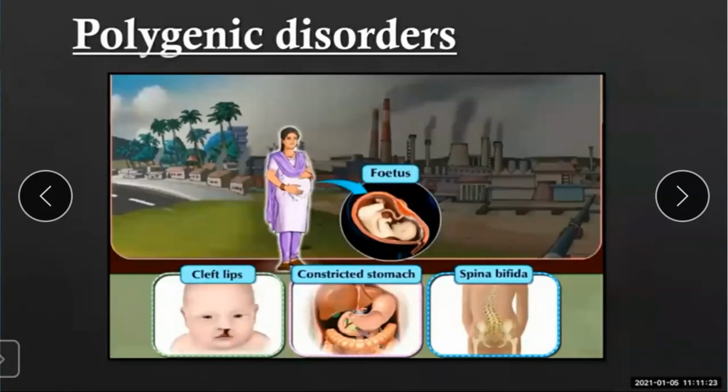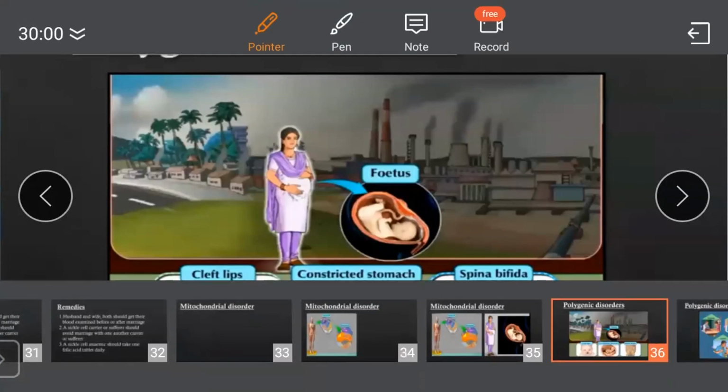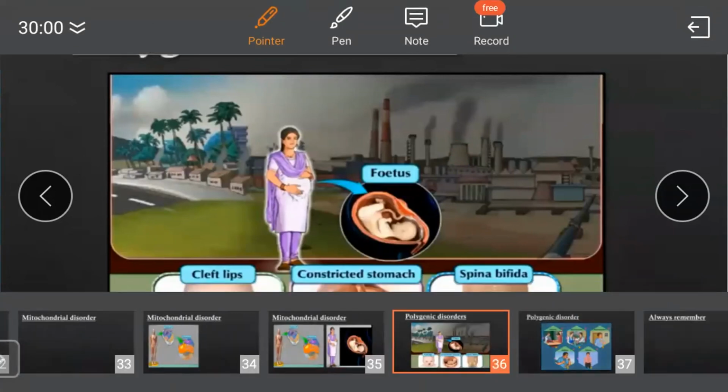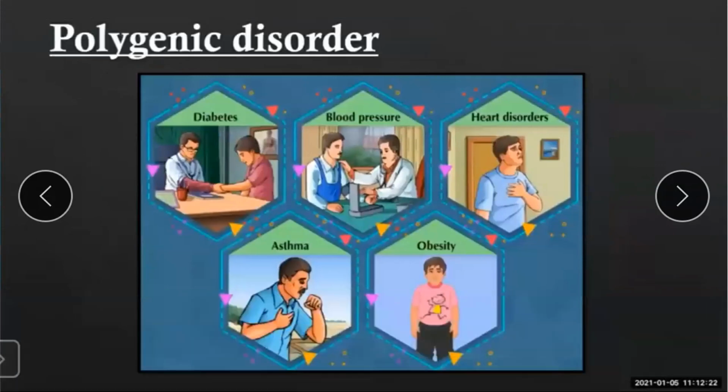Examples are cleft lip, constricted stomach, spina bifida, and also diabetes, blood pressure, heart disorders, asthma, obesity.